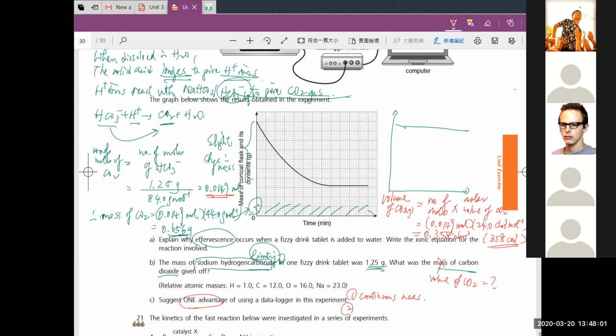Why? Do you know why? Because the change in mass in this case is very little. So if you use the data logger, we look for accuracy.